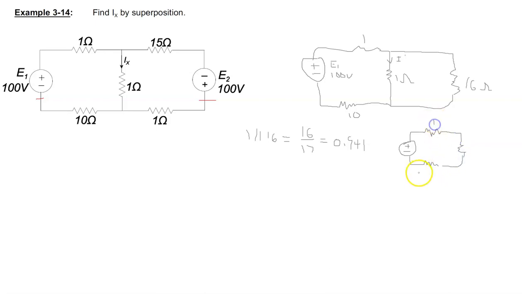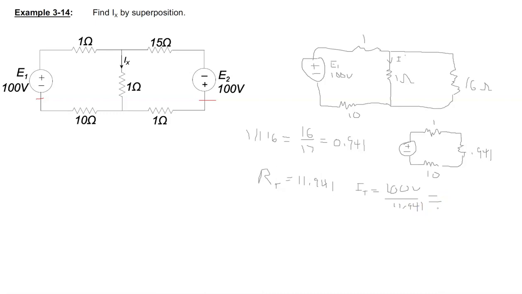And again now, if we redraw that, we got this. And we got 1, we have 10, and 0.941. So RT is the sum of all those, right? And so 11.941. So now IT is equal to our 100 volts divided by 11.941.